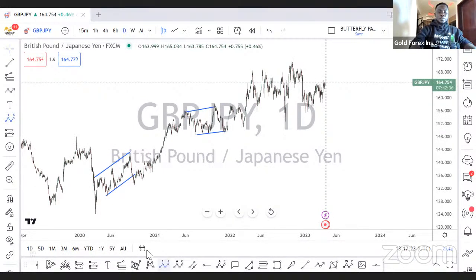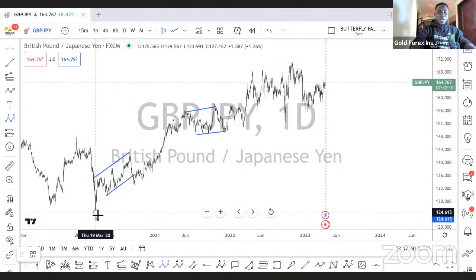So we have here a leading diagonal. Look at this leading diagonal. It's the same thing happening to pound USD. Pound USD formed an ending diagonal. So this is a leading diagonal. When it ended, you saw the way it came down to this level. So pound JPY, once the sell is coming in, you should expect it to come down.